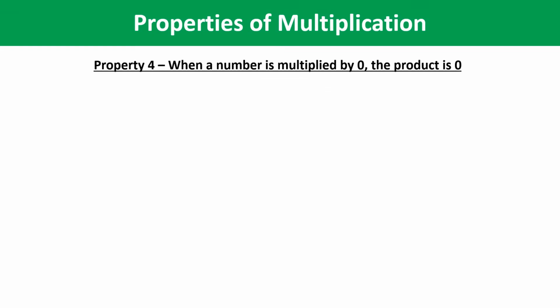Now we are on the fourth property of multiplication. The fourth property says when a number is multiplied by 0, the product is 0. We can take any number of the world. We can take any smaller number, bigger number or the biggest number. But when we multiply a number with 0, the product is always 0.